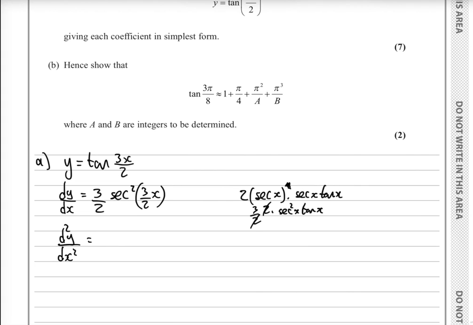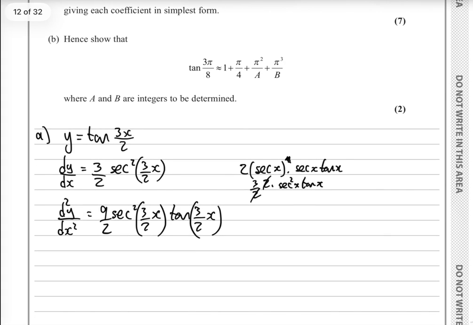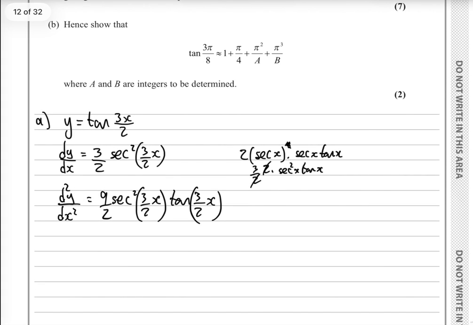So the 2's will cancel, giving me a 3. And I still have secant squared 3 over 2x now times tangent of 3 over 2x. And I still had the 3 over 2 from the previous derivative, so actually that's a 9 over 2. I hope that was clear enough for you, because we're going to do pretty much the same thing here.